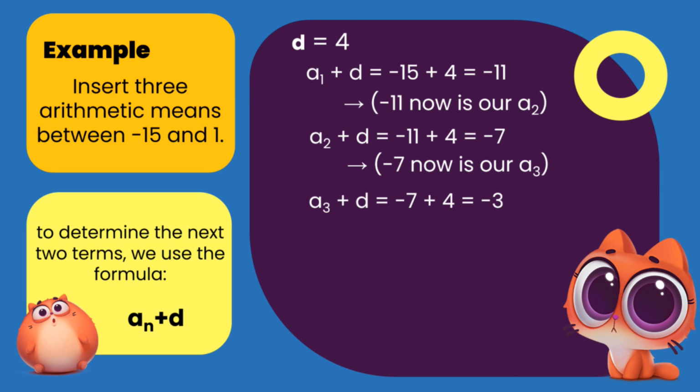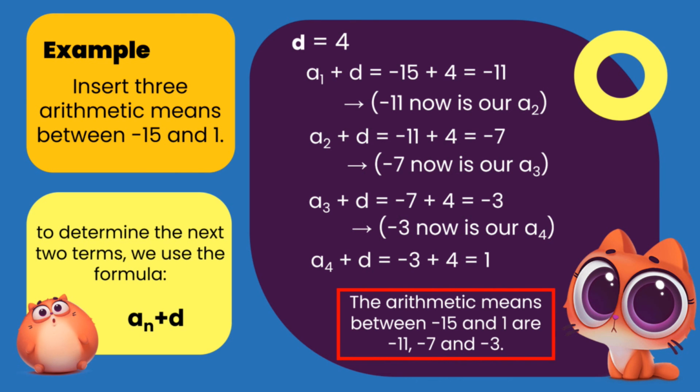Add the common difference, we get -3. -3 now is our a sub 4. And when we add our a sub 4 to our common difference, we get +1. Therefore, the arithmetic means between -15 and +1 are the numbers -11, -7, and -3.